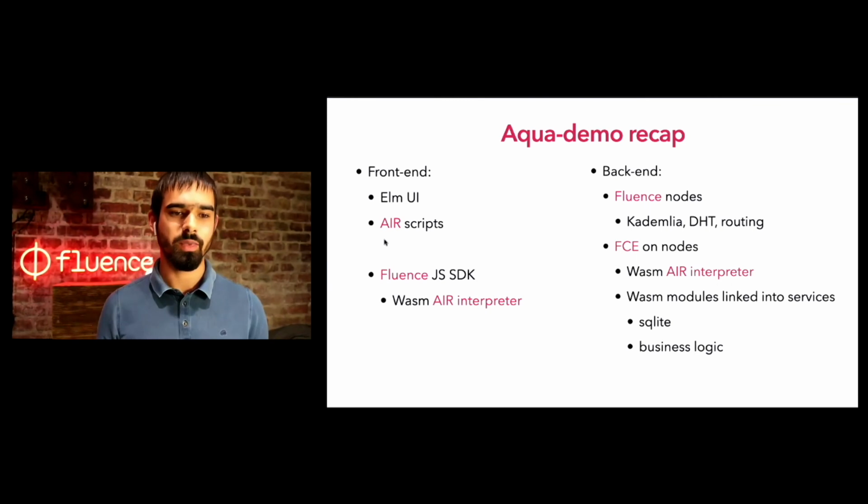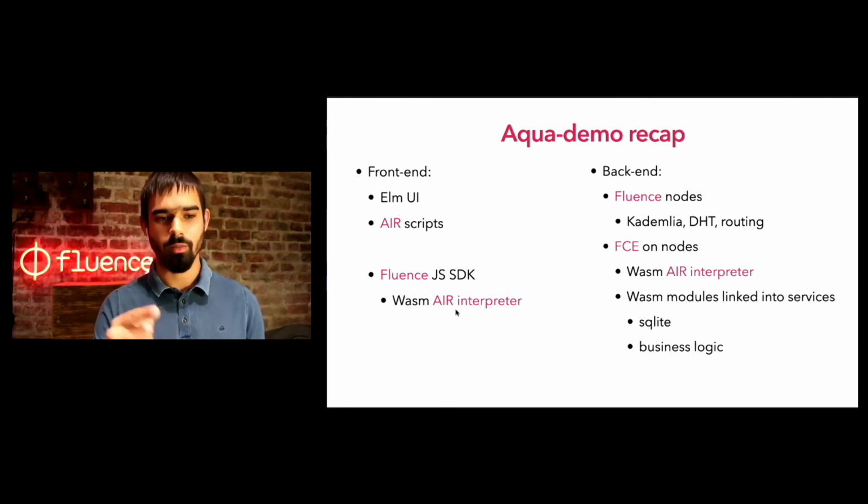For the air scripts, we have the Fluence JavaScript SDK, actually a TypeScript SDK. And we run the WebAssembly air interpreter in the browser. So it's the same code on the front end and on the back end for the interpreter.